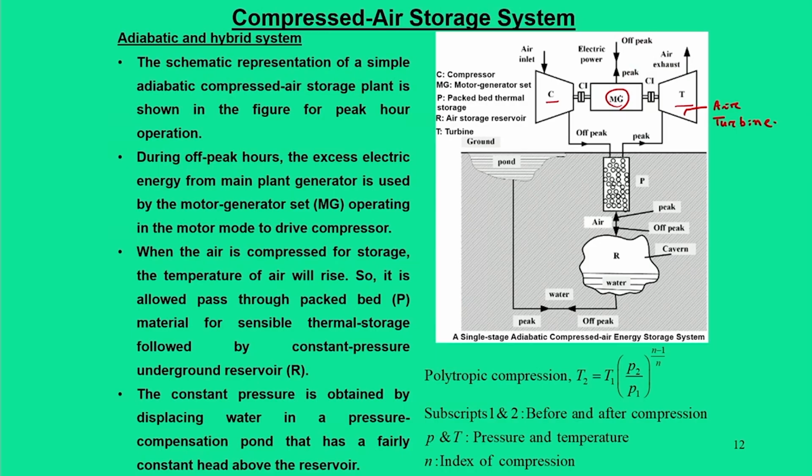We run this motor generator unit in motor mode. When it runs in motor mode, it runs this compressor. When the compressor starts running, air gets sucked into the compressor from the atmosphere. Once it goes through this process of compression, its pressure and temperature increase.